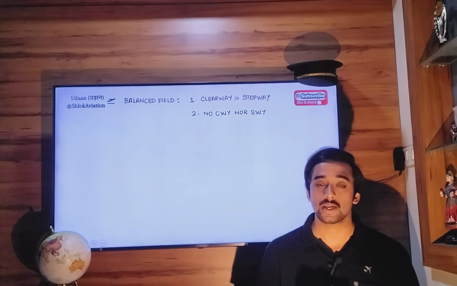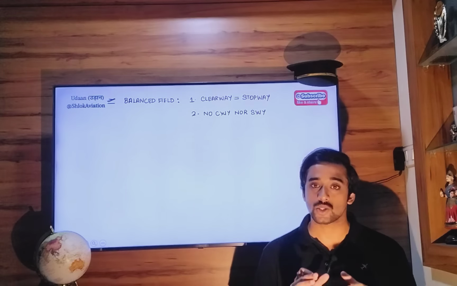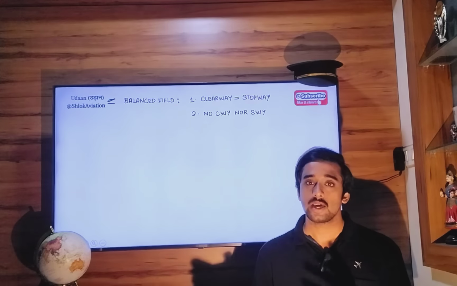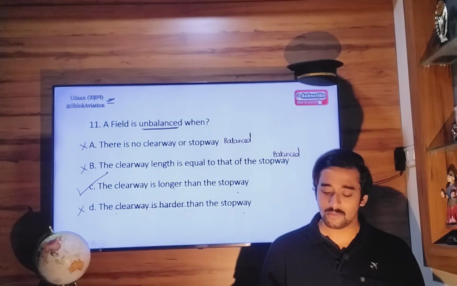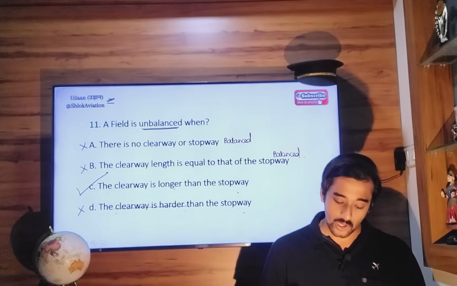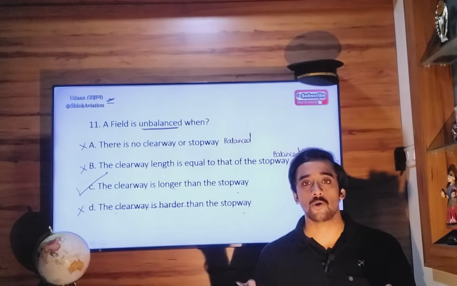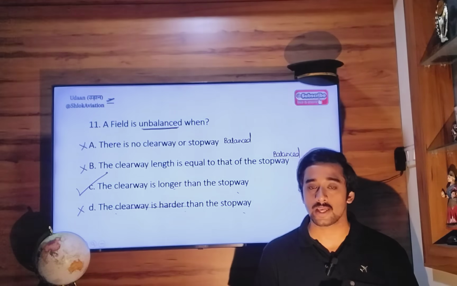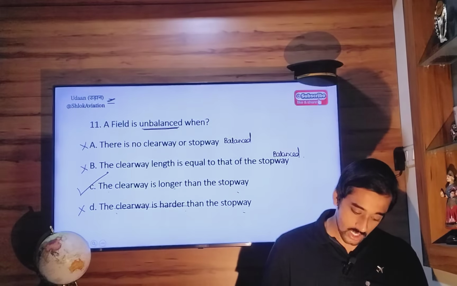The stopway is made of such a material which helps in achieving that aim. The entire stopway is on the ground, but most of the clearway is in the atmosphere, so it cannot be harder or softer than the stopway. It's irrelevant.